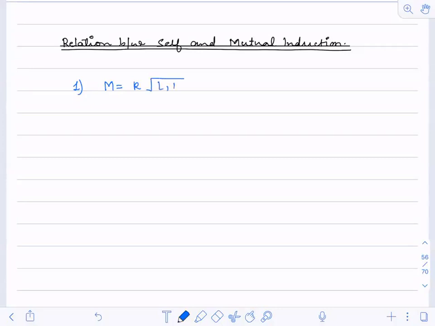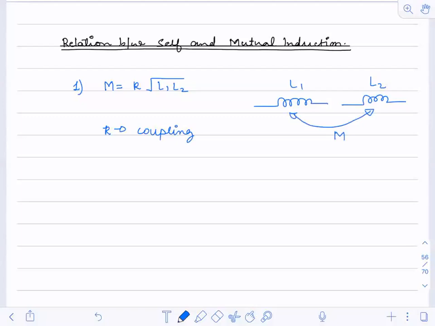When you have two coils kept together, having L1 and L2 as their self inductances, and M is the mutual inductance, the relation between mutual inductance and self inductance is this. Now, what is K over here? K is called the coupling factor.